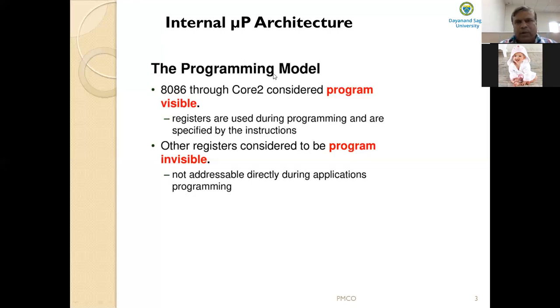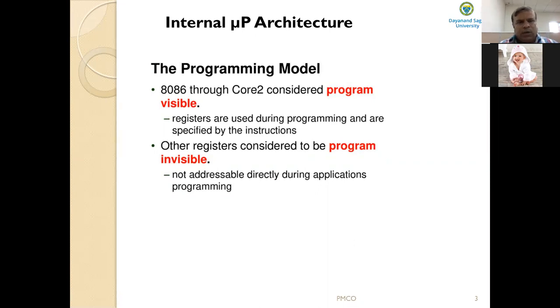What do you mean by the programming model? The programming model refers to the microprocessor system as seen by the programmer. That is called the programming model, and it involves the following: the internal registers of the microprocessor, the instruction set of the microprocessor, and the addressing modes.